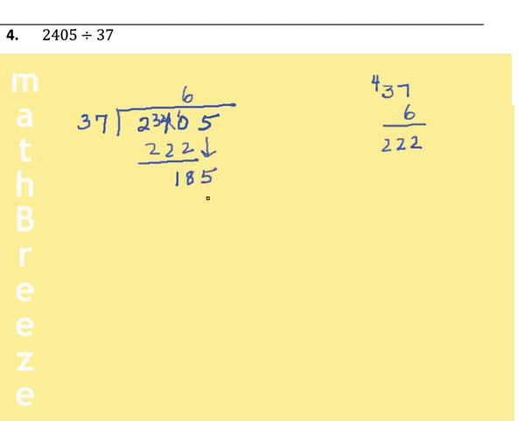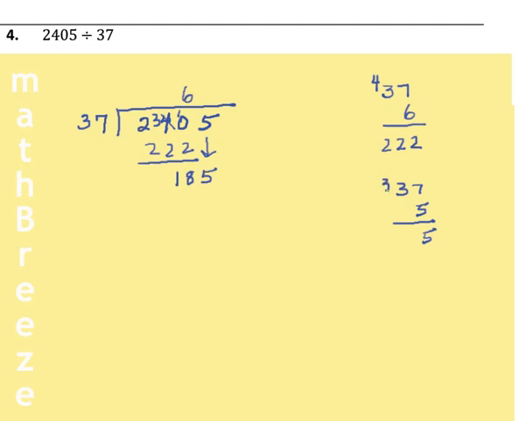And now 37 into 185. Maybe we'll try 3 times for the 100, and maybe another 2 for the 85. So let's try 5. 37 times 5. 7 times 5 is 35.